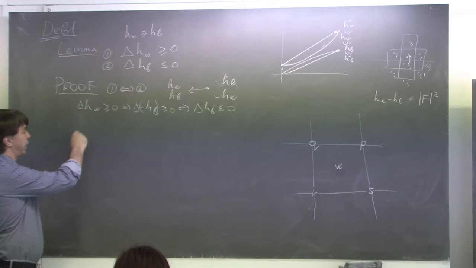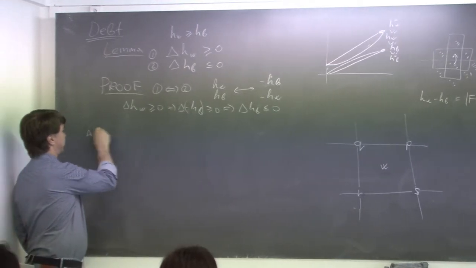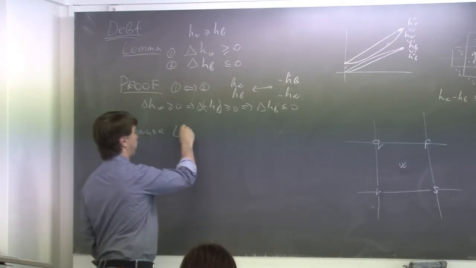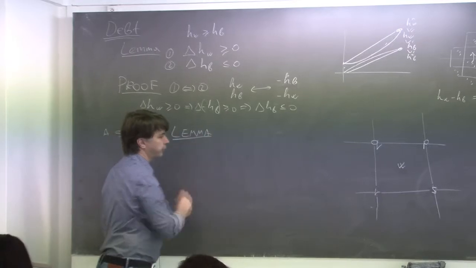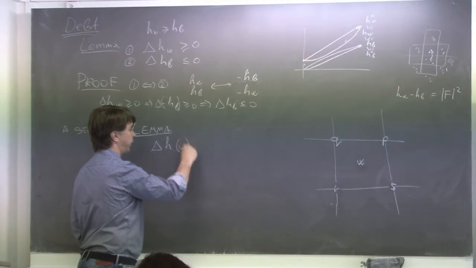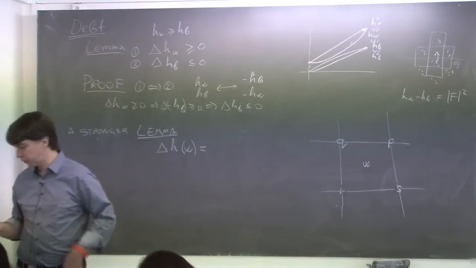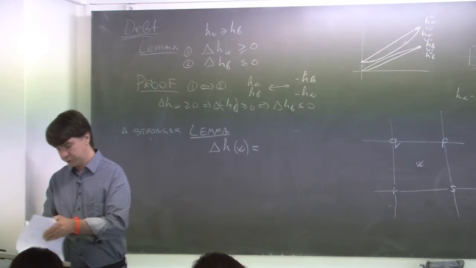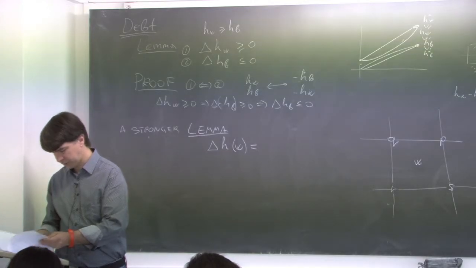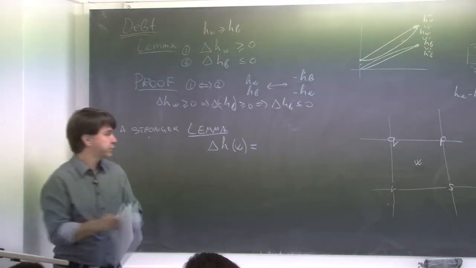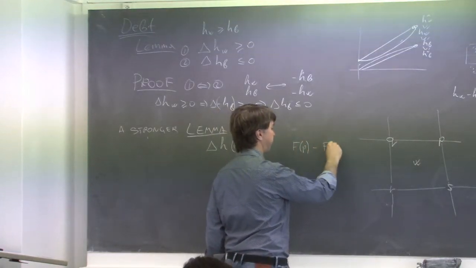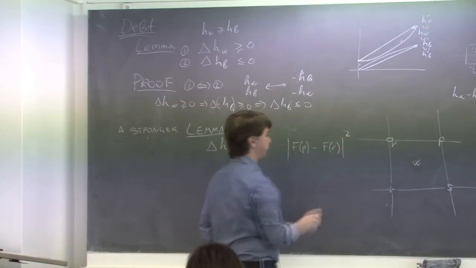So there is a stronger lemma. So apparently Laplacian of function h at point w can be written in terms of f, and not to get the constant wrong, I will look it up. So it can be just written as f of p minus f of r, absolute value squared.